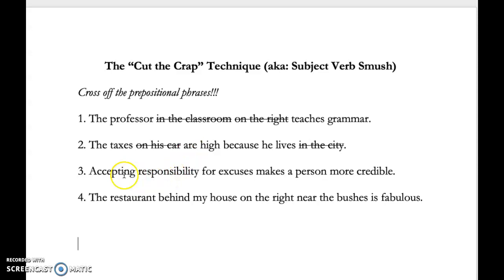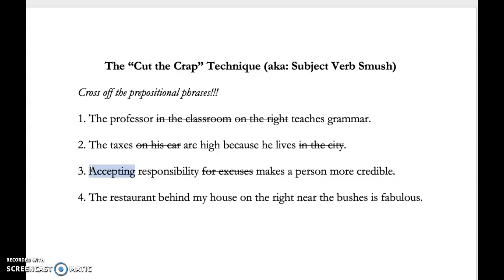Here's another one. Accepting responsibility for excuses makes a person more credible. For is a preposition, so I say for what? For excuses. Out it goes. Now I hope you remember that accepting is a gerund, and that a gerund can be the subject of a sentence.